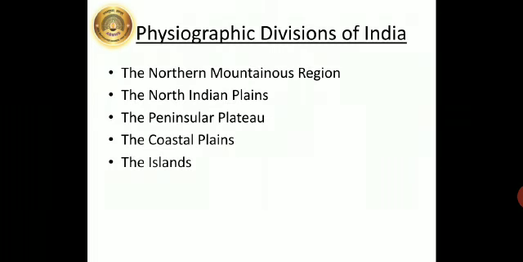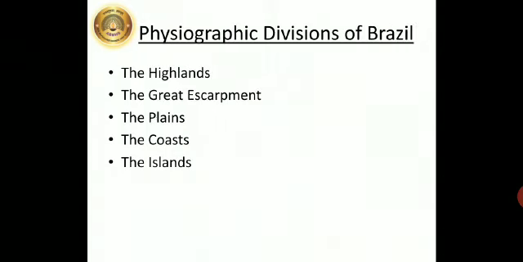Starting with India, from the northern side: the northern mountainous region or the Himalayan region, the North Indian plains, the Peninsular Plateau, the eastern and western coastal plains, and the islands. The divisions of Brazil: the highlands, the Great Escarpment, the plains, the coast, and the islands.